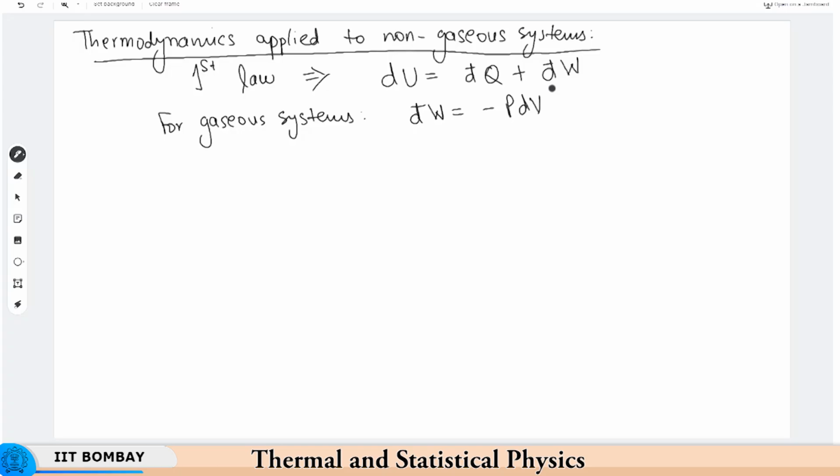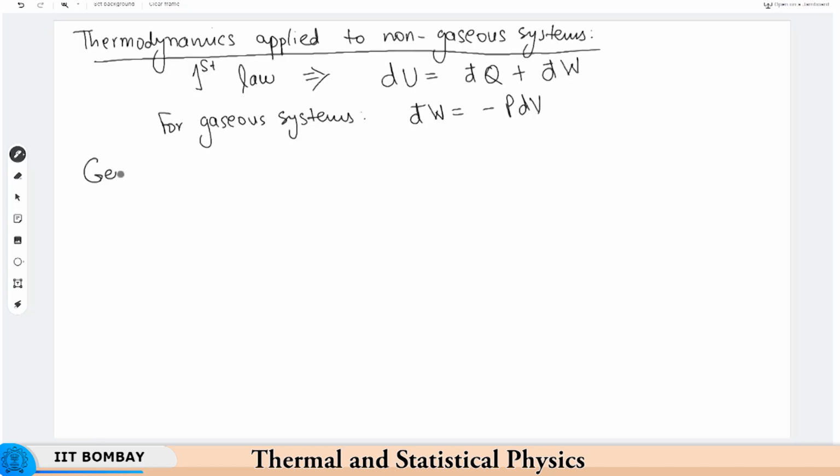This is how we define the work in the case of gaseous systems. But this definition is only limited to gases. In fact, we can define something known as a generalized work, which does not have to be only for gaseous systems.